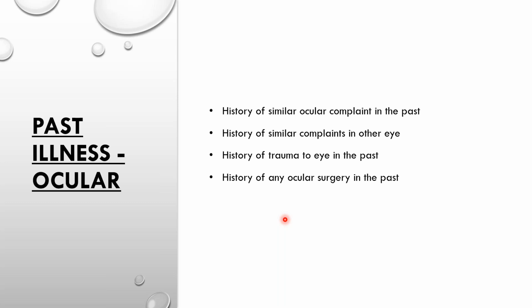So the patient might have a history of pain, redness, watering, chronically present for so many years on and off. If they take medication, it becomes better. But if they stop medications, or if there's any inciting event, for example, trauma, or fever, or any immunocompromised state, it will again reactivate. So that also gives you a lot of information if they've had a past history of similar complaints.